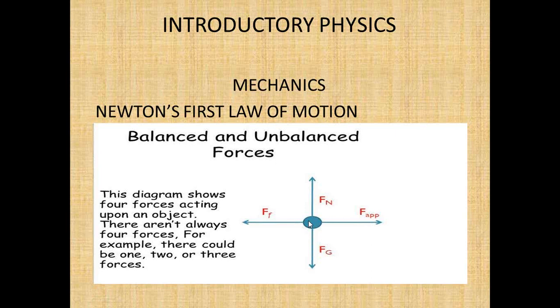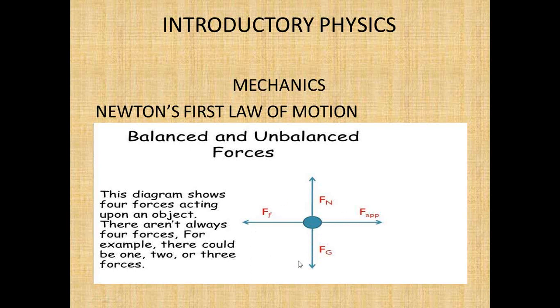Whenever you have motion, you're going to have friction, even though when we discuss Newton's first law, we say eliminate friction. But friction is a reality, and you have to deal with it. Friction is going to be in the opposite direction to the direction of motion, which is the opposite direction to the applied force.